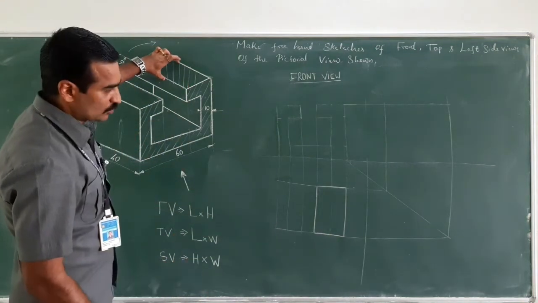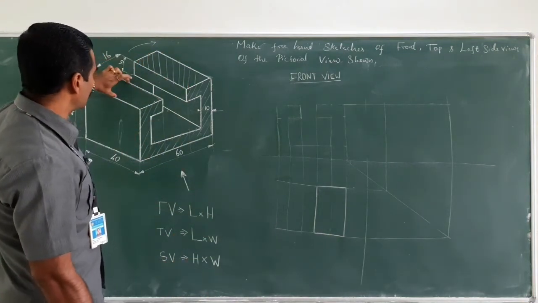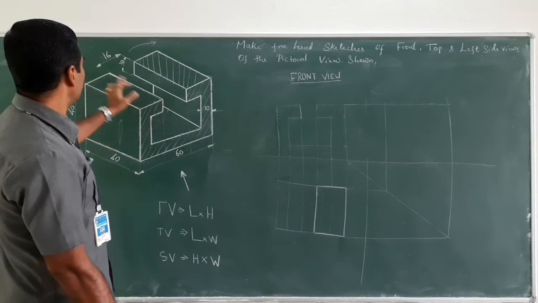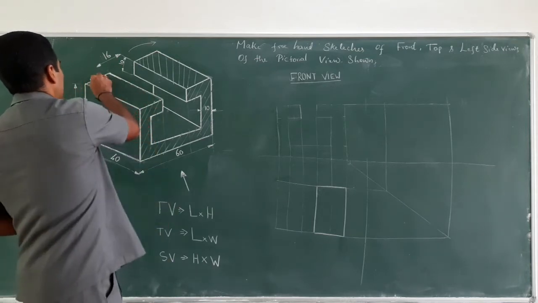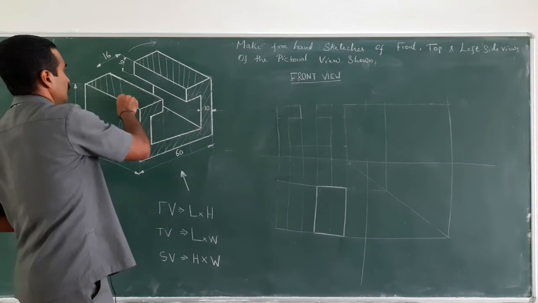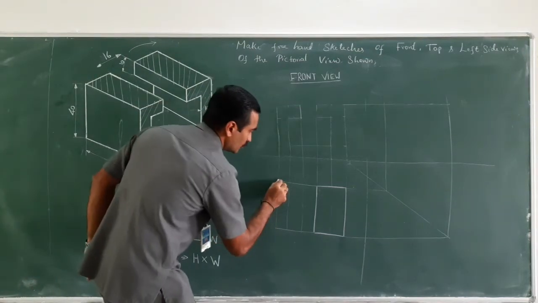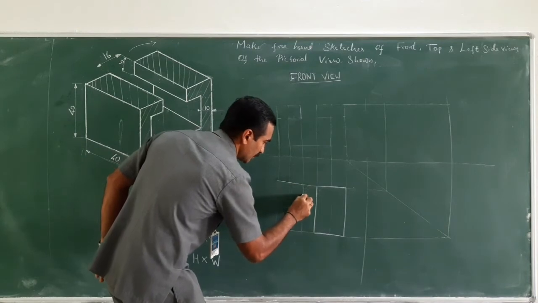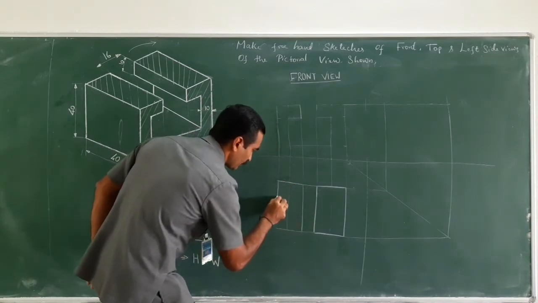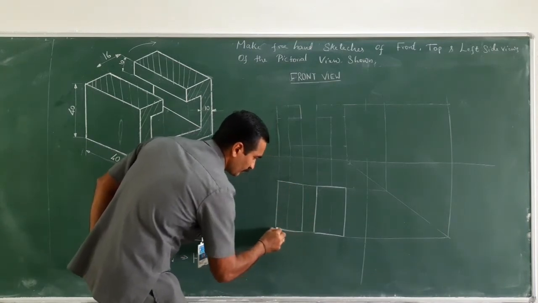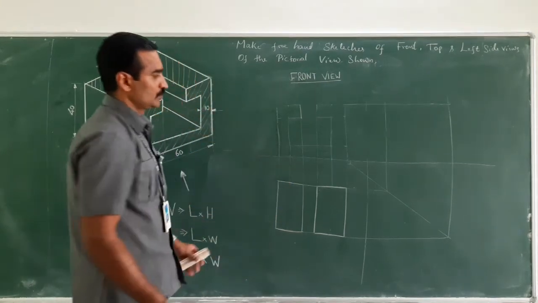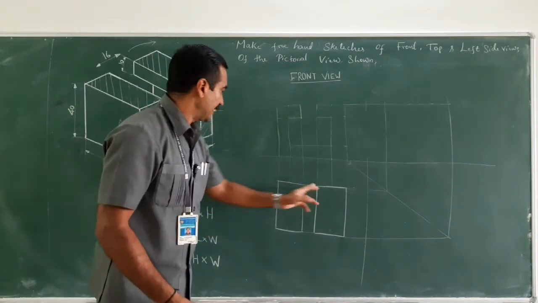I have captured this one. Let me move to this portion. What I could see is again a rectangle. So this portion, this is one more rectangle. Right? Two rectangles.